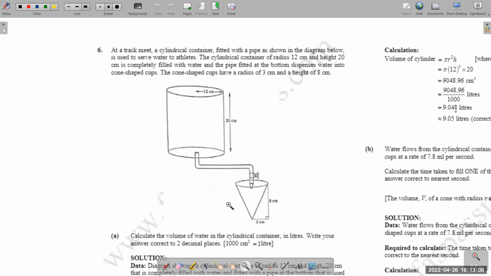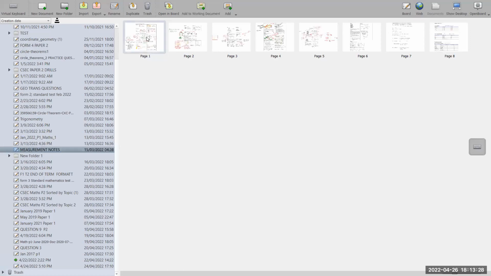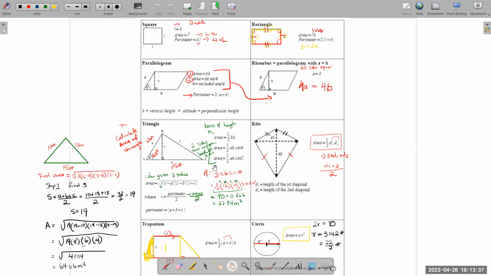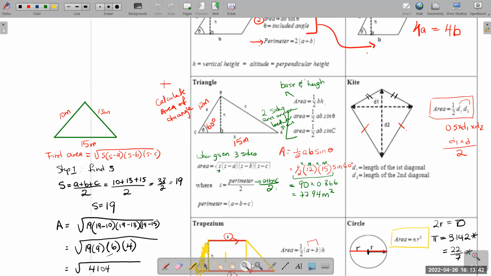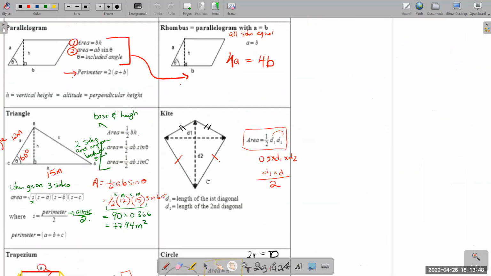Now, question 6 has to do with measurement. The formulas we're going to be talking about deal with area, perimeter, and so on. I think we would have gone through those things. Remember, we did all these formulas, so I just want to quickly scan through them. We know area, and perimeter is the distance all around. When it comes to a triangle, there are three formulas that we learned. We learned the formula for a trapezium, the area of a circle, same thing with a kite.